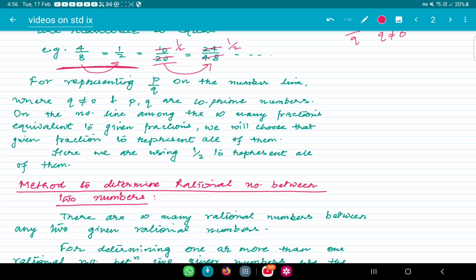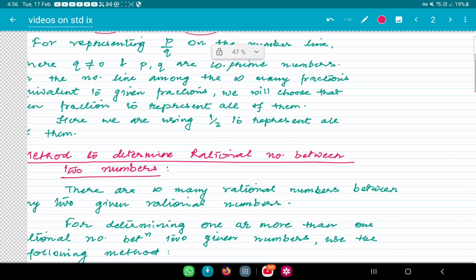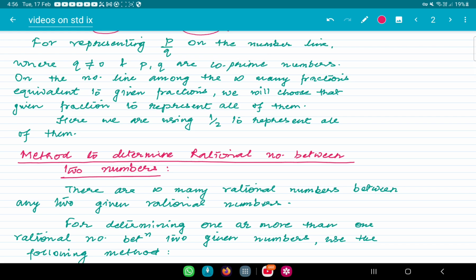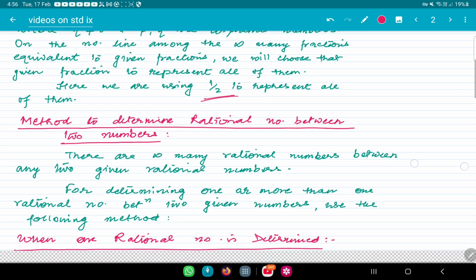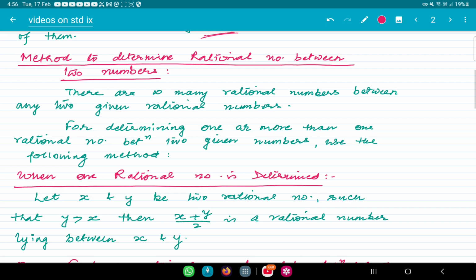On the number line, among the infinitely many fractions equivalent to a given fraction, we choose any one fraction to represent all of them. Here we are using 1 by 2 to represent all of them.